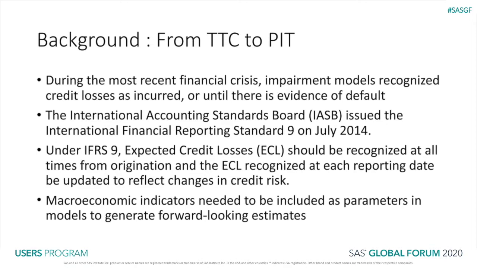And this happened because in the most recent financial crisis from 2008 and 9, the loss impairment models only recognized credit losses as they occurred or after there was evidence of default. So the International Accounting Standards Board issued a new accounting standard, the International Financial Reporting Standard 9, or IFRS 9, in July of 2014 to get over this problem.